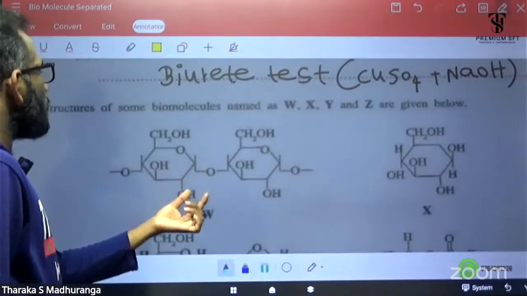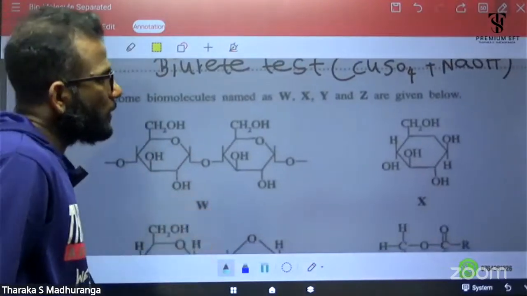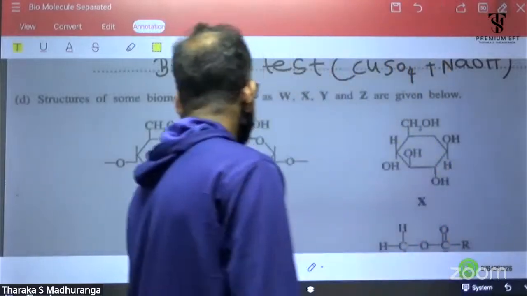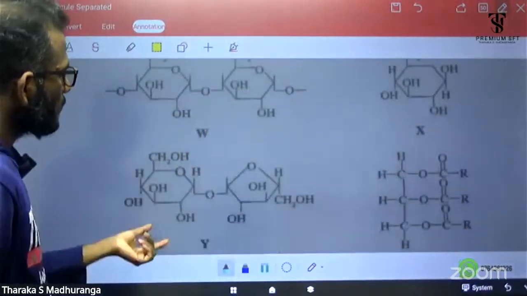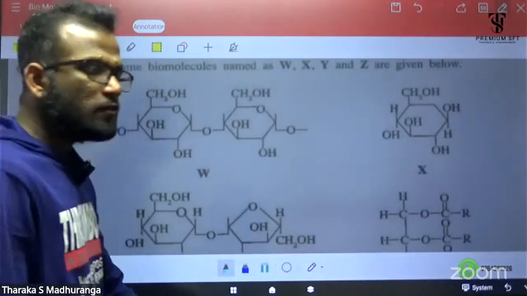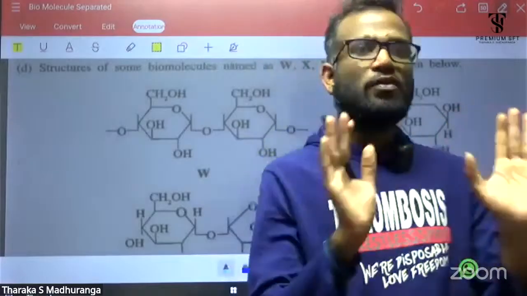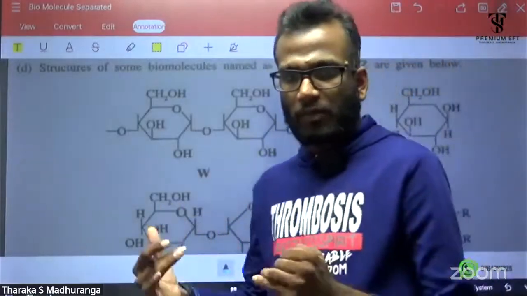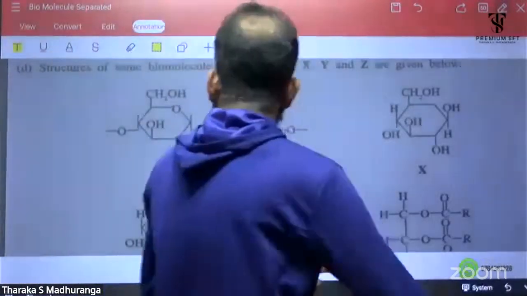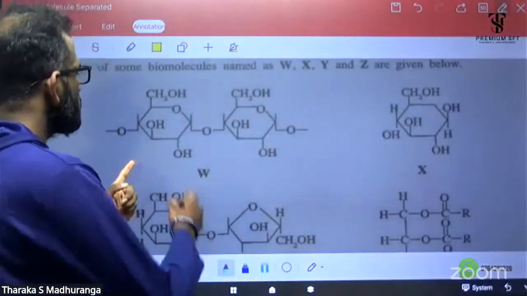Okay. Structures of some biomolecules named W, X, Y, Z are given below. Before going to the questions, for this type of question, first identify the biomolecules. Now you already know all the biomolecules, right? What is this?